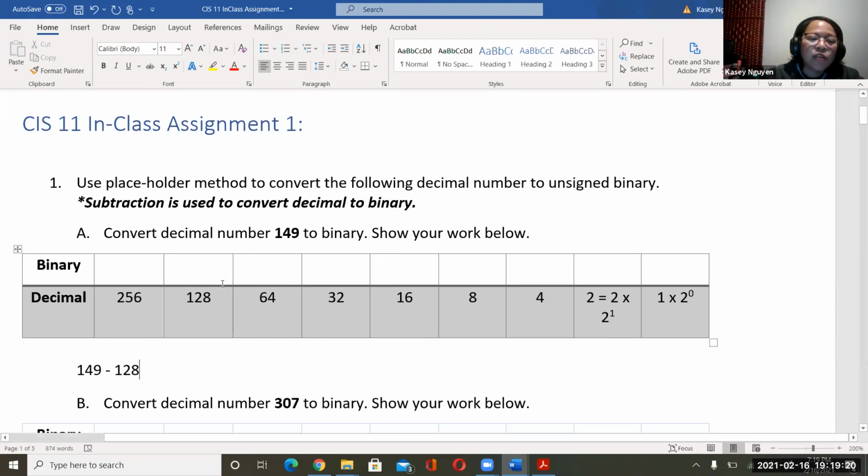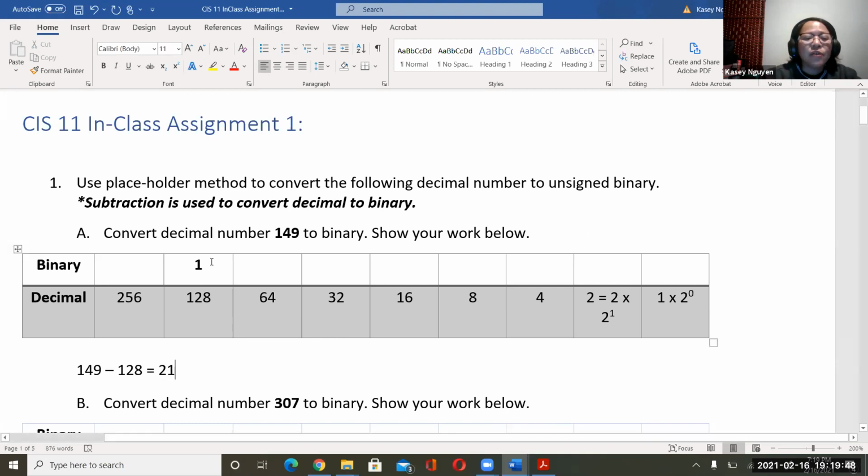If I subtract it, that means that bit is on, 5 volts. That leaves 21, right? I still have to subtract until I can't anymore, until it gets to 0.